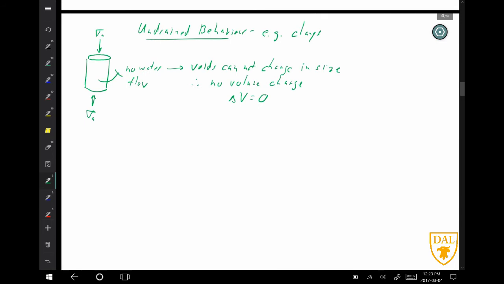So, in the drained case, we have no excess pore pressure, but we have volume change. In the undrained case, we can generate excess pore pressure, but there is no volume change occurring.